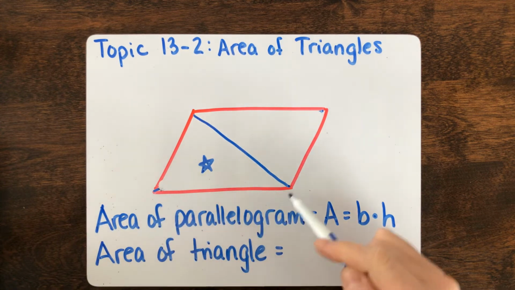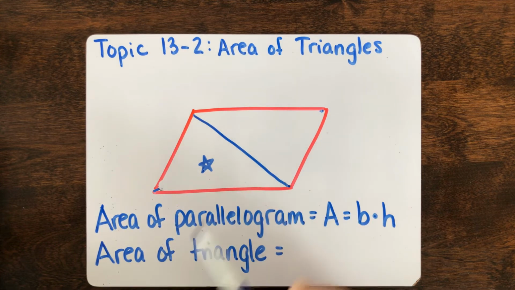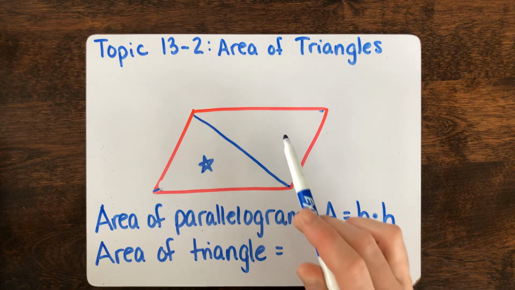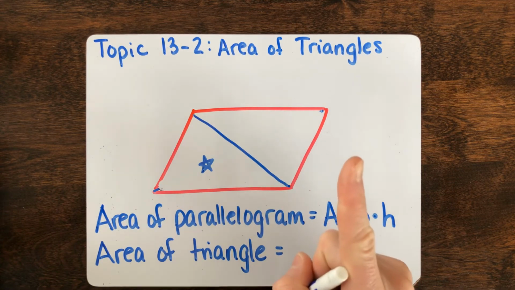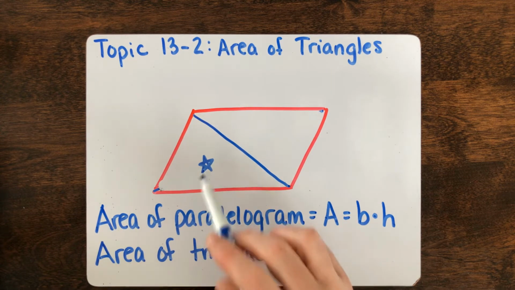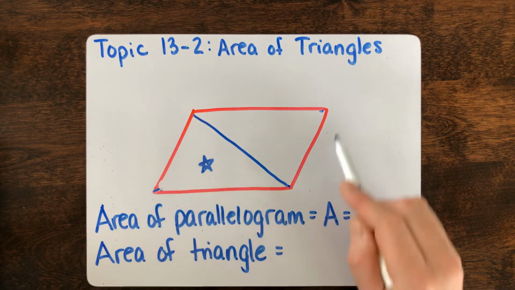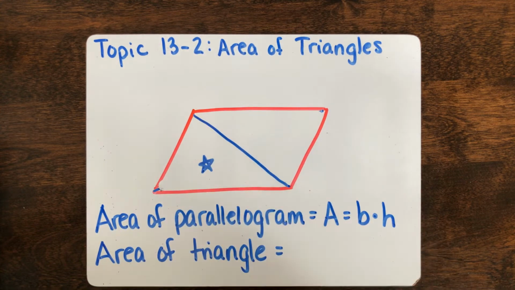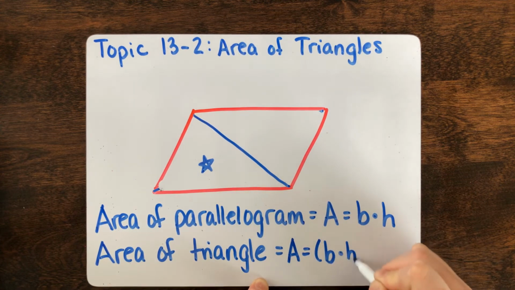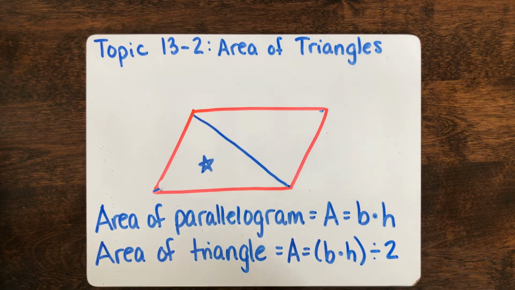The area of a parallelogram is base times height. And we see from this parallelogram, we can get 2 triangles, but we just want to find the area of one triangle. So what do you think you can do to find the area of one of these triangles? Well, if the whole thing is base times height, wouldn't one of those triangles be base times height divided by 2? And that's what it is.